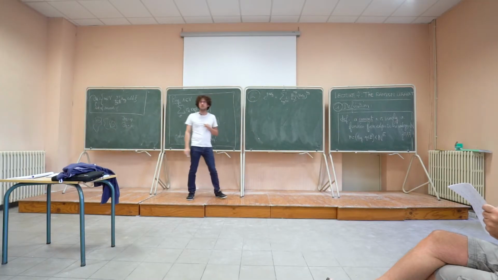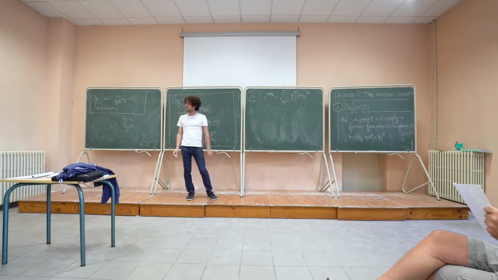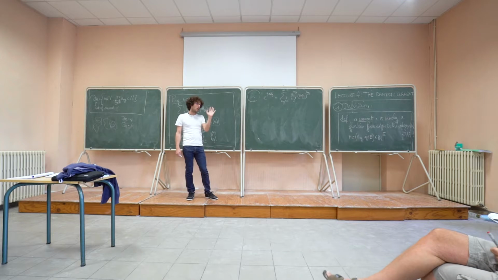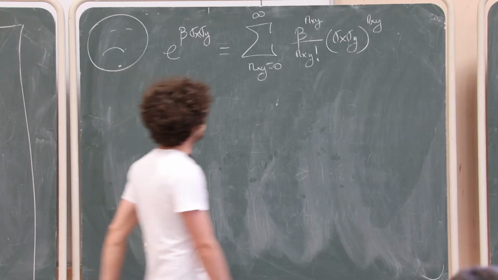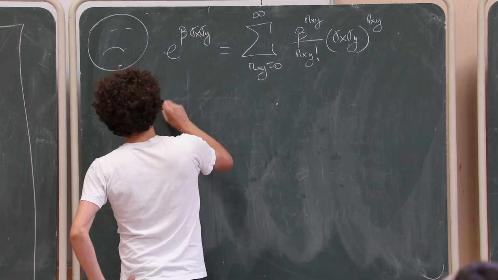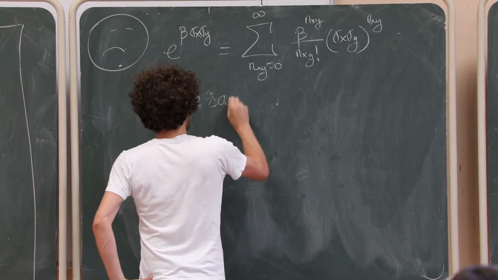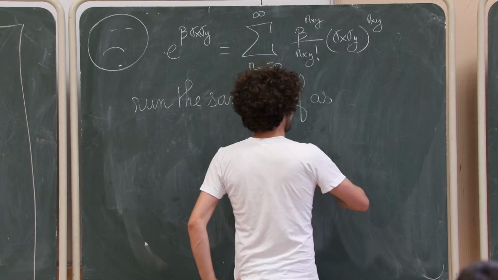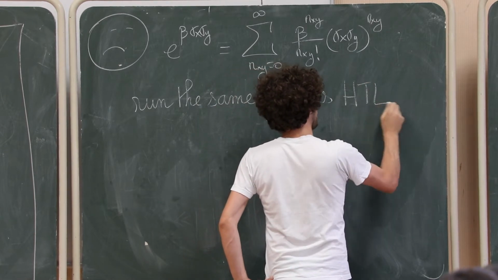You use this and you run exactly the same lines, meaning you expand, you exchange the sums, you are going to have a sum of sigma_x to the sum of n_xy, and if this thing is always even, you are fine. If this thing is odd for a certain vertex, you get 0. So this, I leave it to you. Run the same proof as the high temperature expansion.